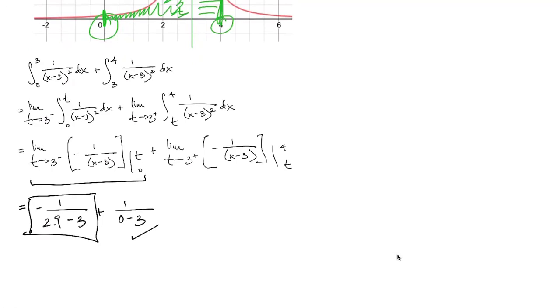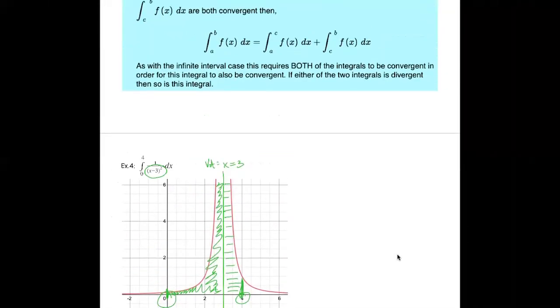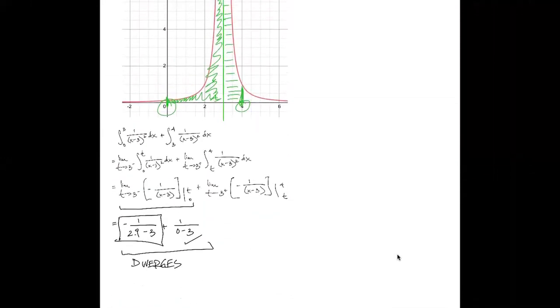But this right here is going to create a problem because we're going to end up with a negative infinity. Okay? So this diverges. And if one part of it diverges, it doesn't matter what the other part does, because according to our rule, both sides need to be convergent. So as soon as you find that one of the sides diverges, you don't have to worry about checking the other side. You can just say that the whole integral, the improper integral, diverges.